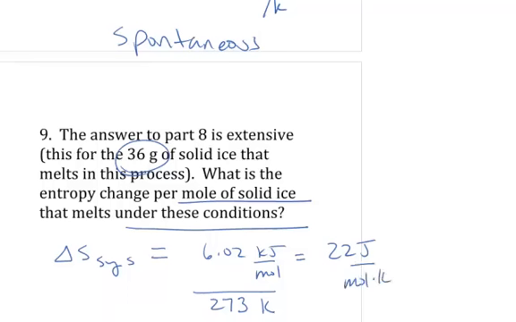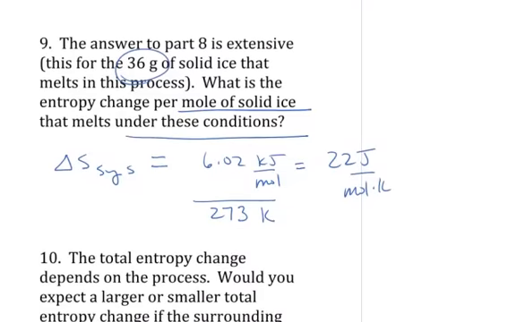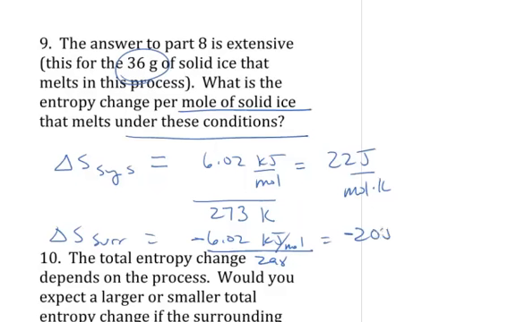For the surroundings, it's the same amount of energy, 6.02 kilojoules per mole, divided by 298, which equals negative 20 joules per mole Kelvin.